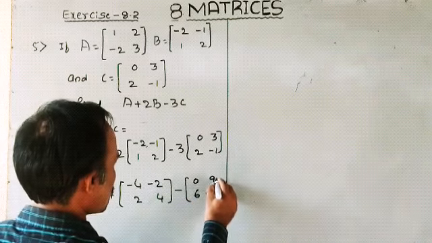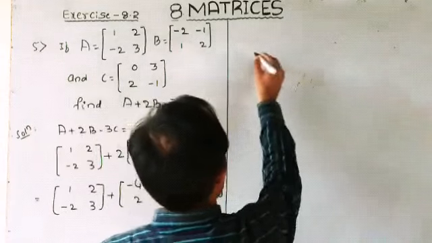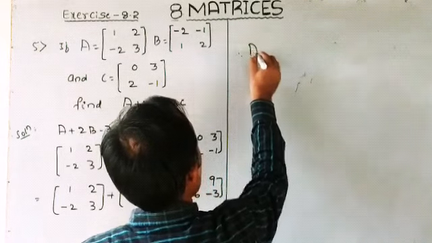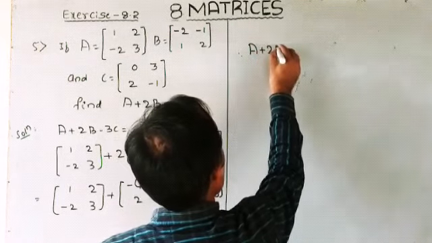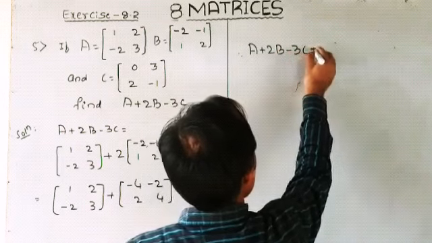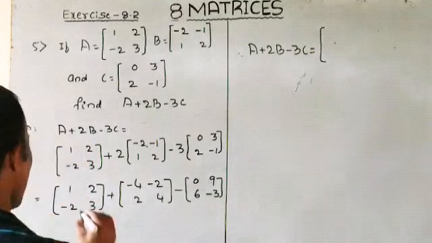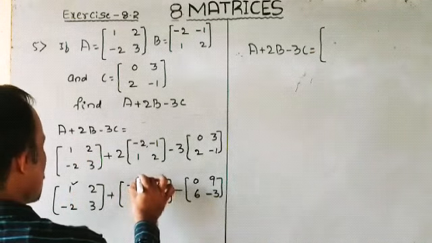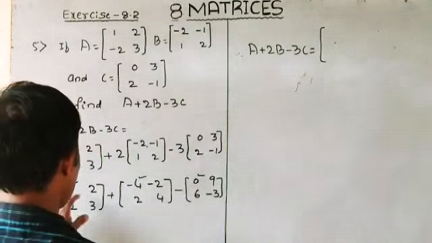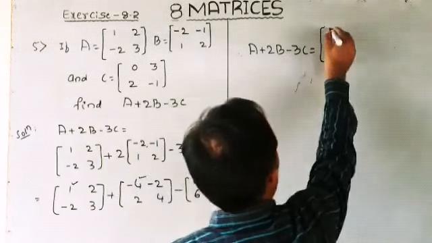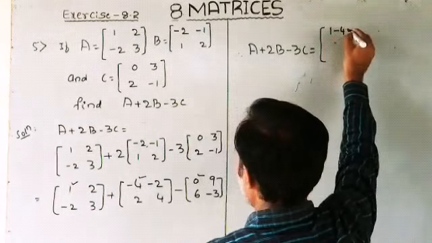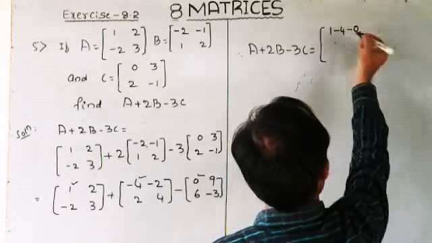So therefore, A plus 2B minus 3C is equal to, taking corresponding elements: 1 plus of minus 4 minus 0, that is 1 minus 4 minus 0.